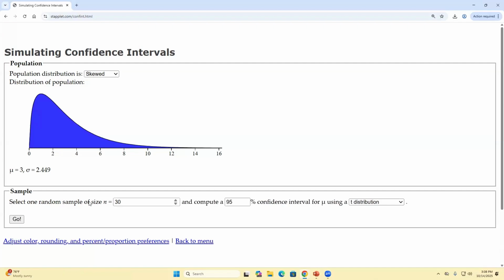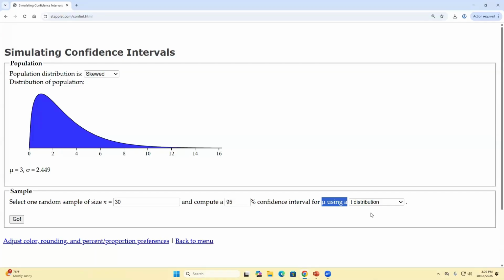We're going to select one random sample of size equals 30, and we're going to compute a 95% confidence interval for the mean of the population. We're going to use what's known as a t-distribution, and we're going to talk a lot more about what a t-distribution is next time. Just know that it is another bell curve that happens all the time as well.